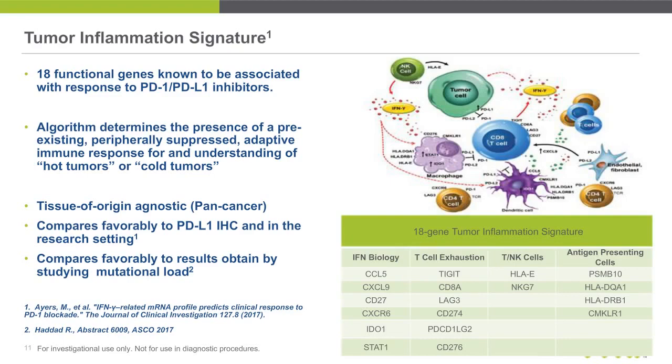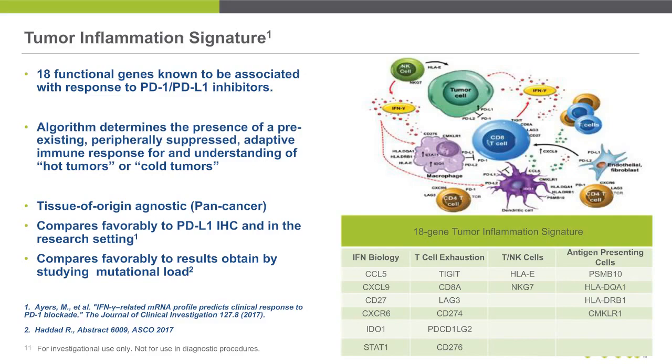And finally, at the same time, we're measuring genes which are indicative of T cell exhaustion. And the sum of these genes is identifying a patient population that may be likely to respond to PD-1 checkpoint blockade.